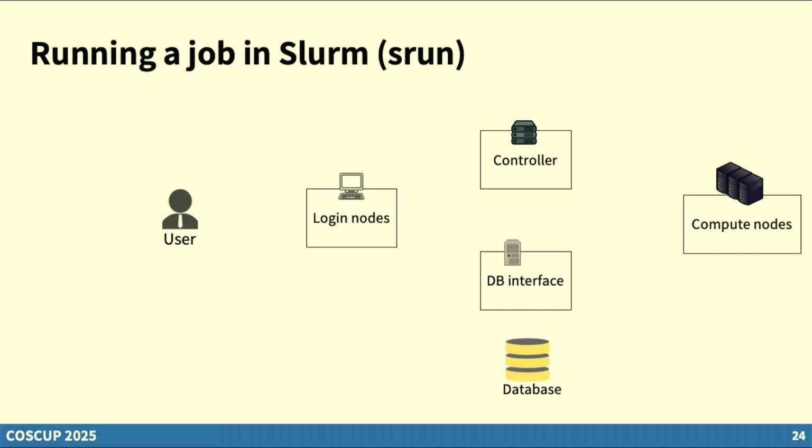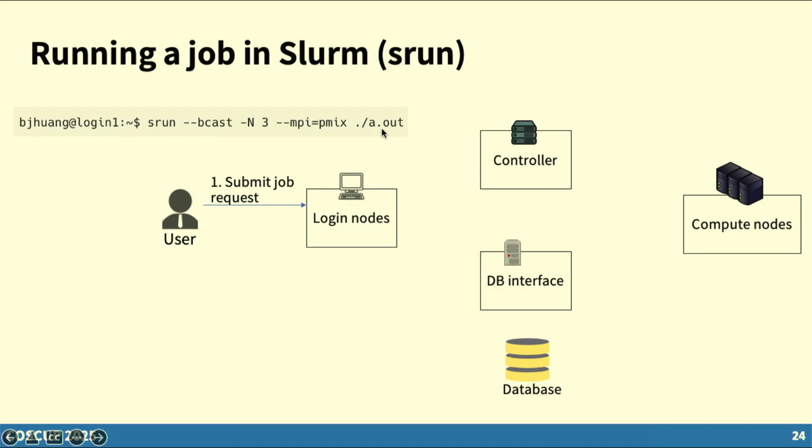So here I want to use a real example of how these roles cooperate with each other. First, the user will submit a job request with a Slurm command, srun. It is created by the Slurm packages, and it asks Slurm to run this job. Then the bcast option is for copying the file to compute nodes.